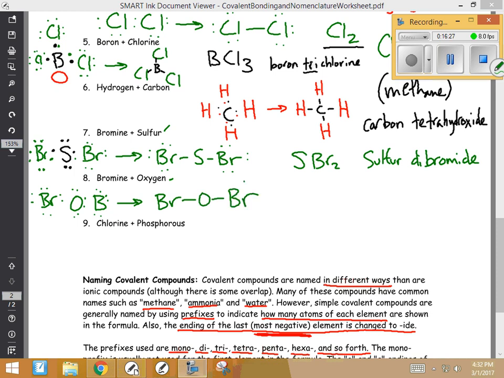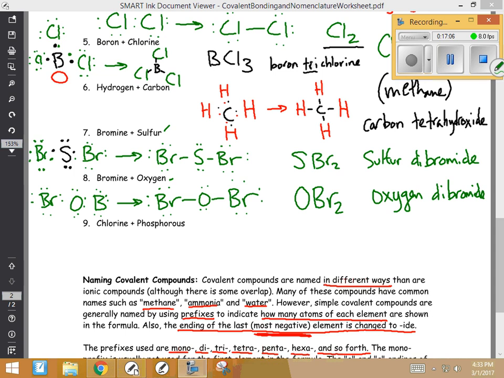And I suppose by now I've probably lost you and you have skipped to the end just to see what the solutions are. But don't forget your unshared pairs. Oh, I did right here, didn't I? On that sulfur. Don't forget them because they do actually matter. So this one could be, I'm going to have to check this one. Is it oxygen dibromide or is it bromine oxide? And I guess it's oxygen dibromide. But I'm going to have to check that.